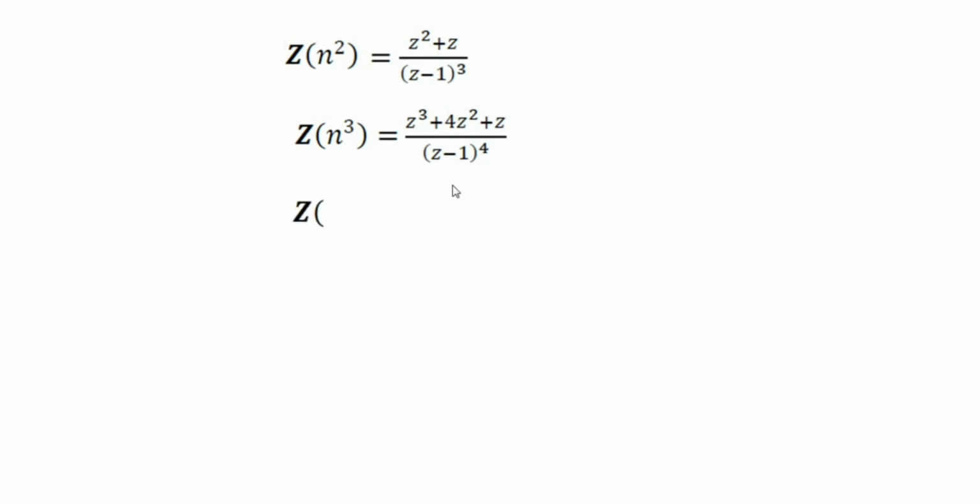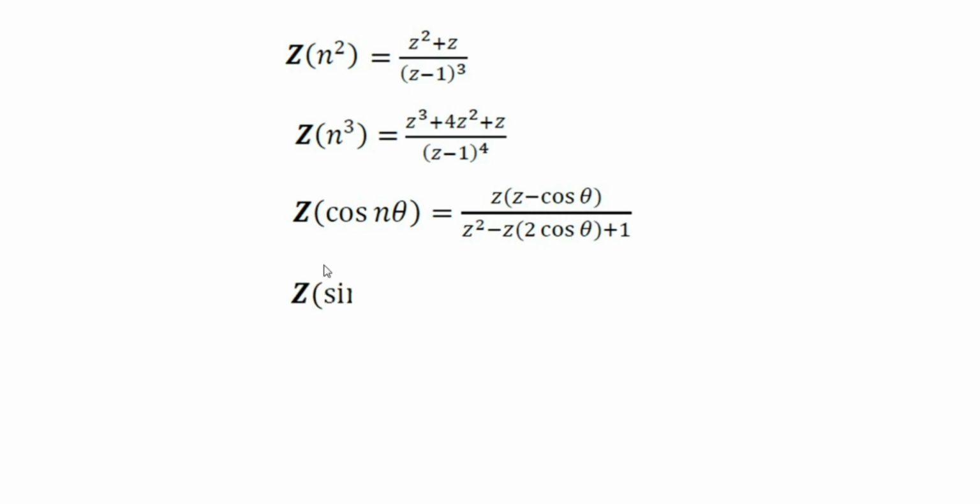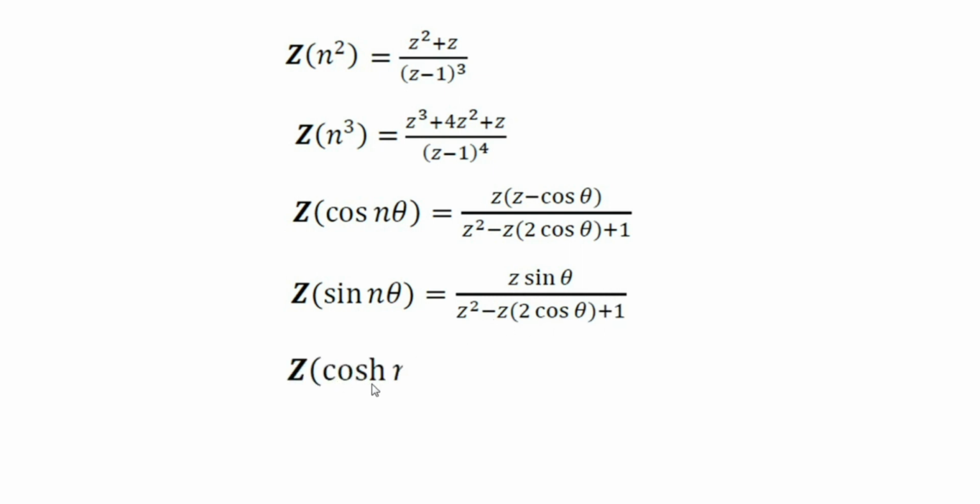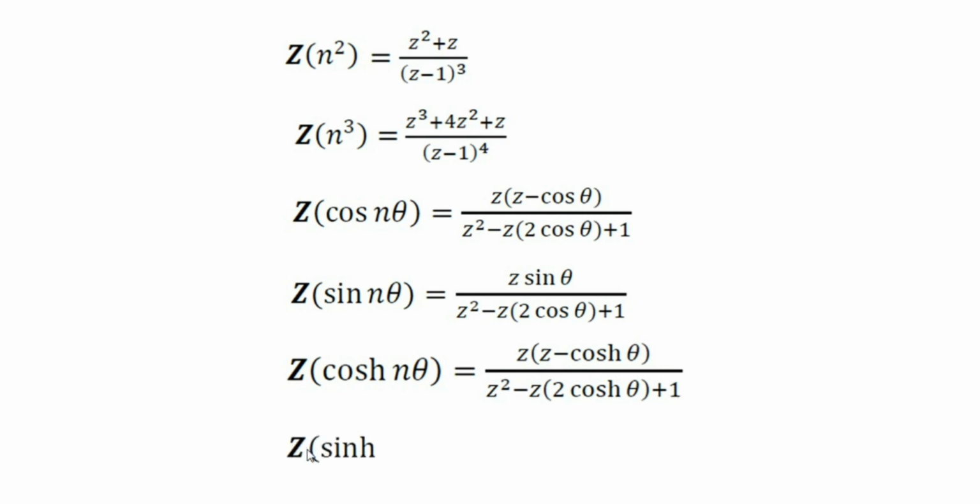Z{cos n theta} = z(z - cos theta)/(z^2 - 2z cos theta + 1). Z{sin n theta} = z sin theta/(z^2 - 2z cos theta + 1). Z{cosh n theta} = z(z - cosh theta)/(z^2 - 2z cosh theta + 1). Z{sinh n theta} = z sinh theta/(z^2 - 2z cosh theta + 1).